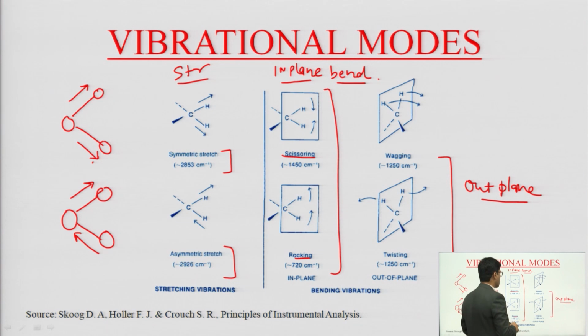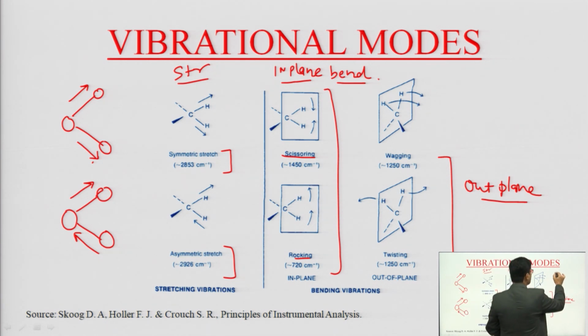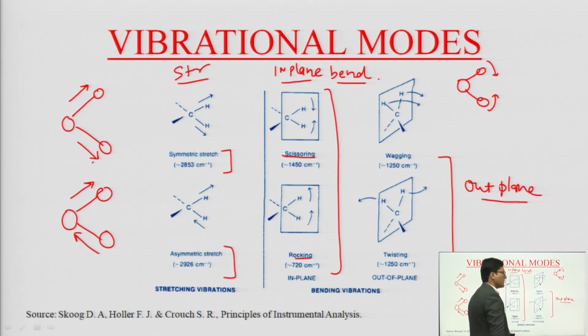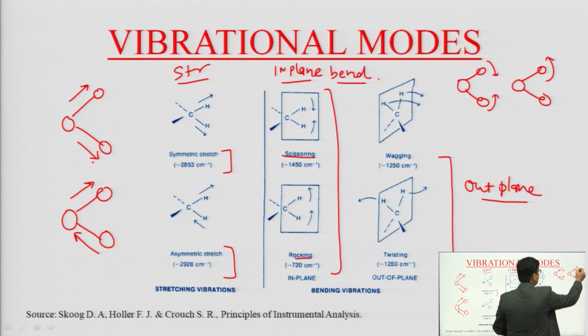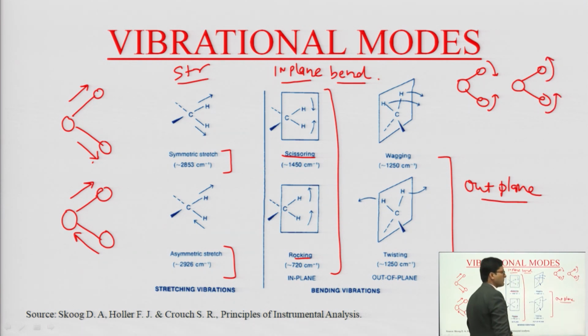In the same axis, if two atoms or two bonds approach each other like this, this is a type of scissoring motion, but when both move towards the same direction, either upward or downward simultaneously at the same time, then it is a rocking motion.